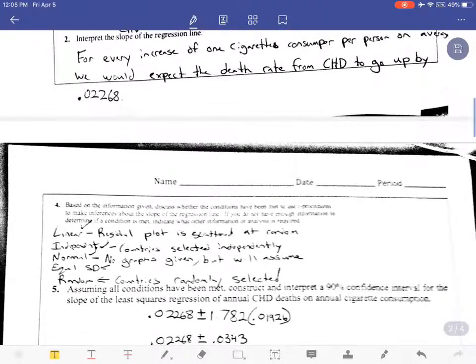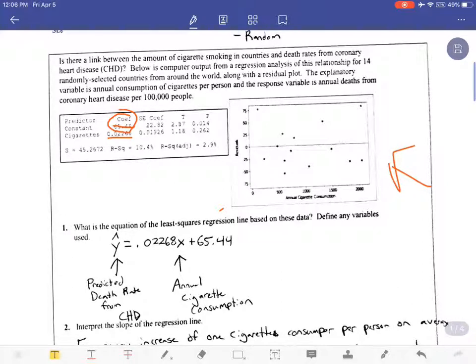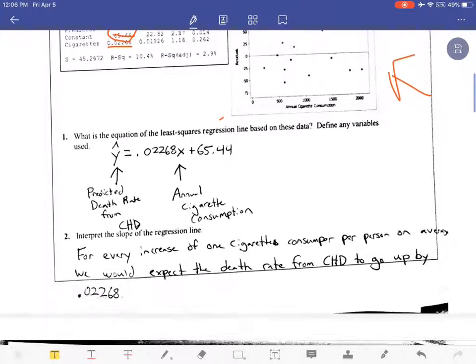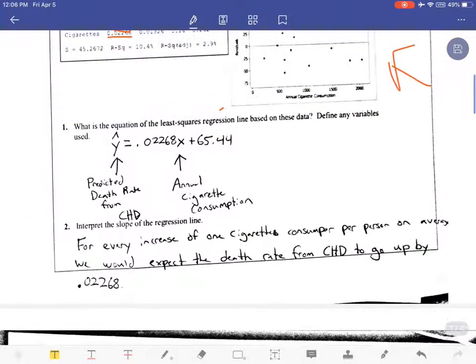Then independent, we can assume that the countries were selected independently, meaning one selection didn't have an effect on the other. Normal, we're not given any graphs of the residuals. So if we had a graph of the residuals like a histogram or dot plot, then we could check. But since we're not, we're just going to assume that it is. The equal standard deviation.